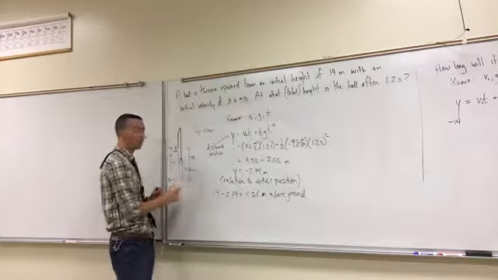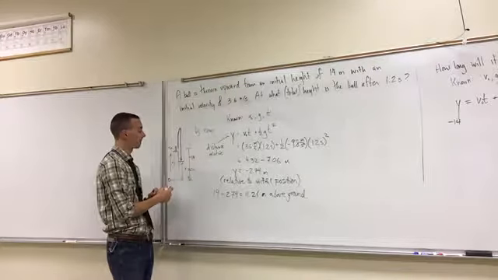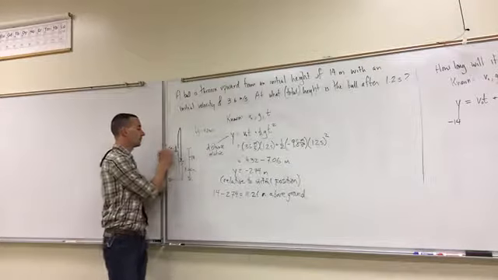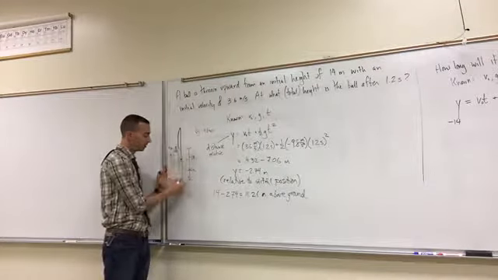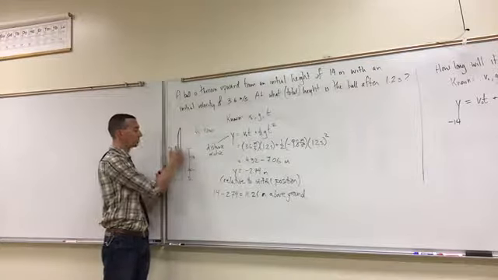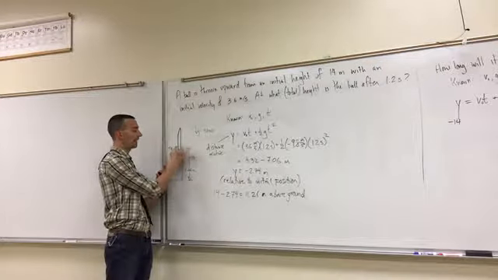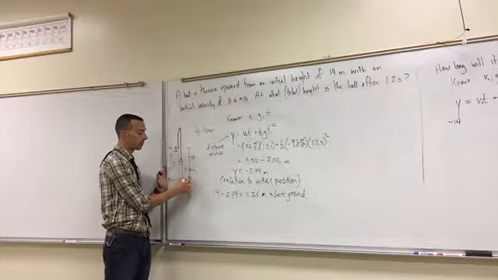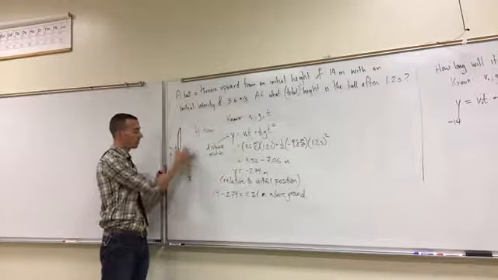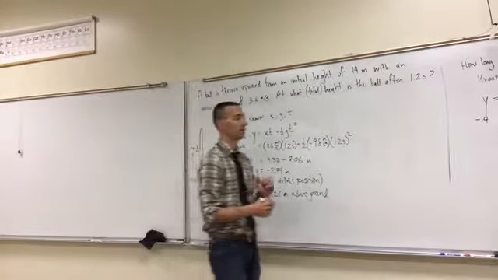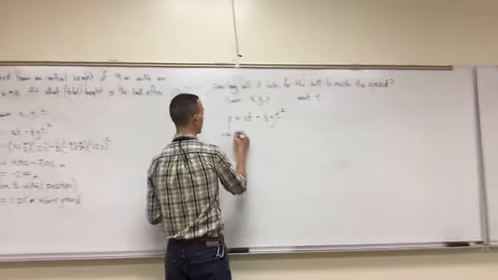Either way, you're going to get the same answer. If you define this as 0, you can see that you're 14 meters below it. If we define this as 0, you started 14 meters up above it, and the final stopping point of the ball is 14 meters below where it began. So that's why y is negative 14.